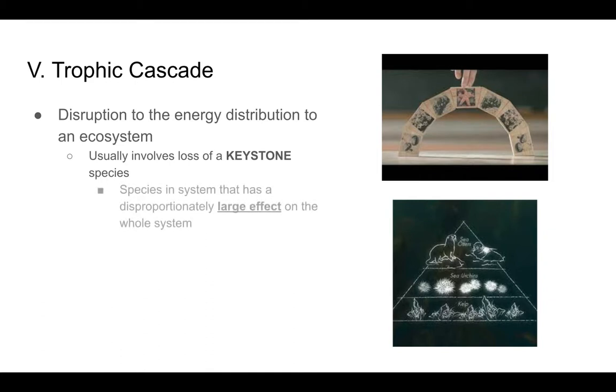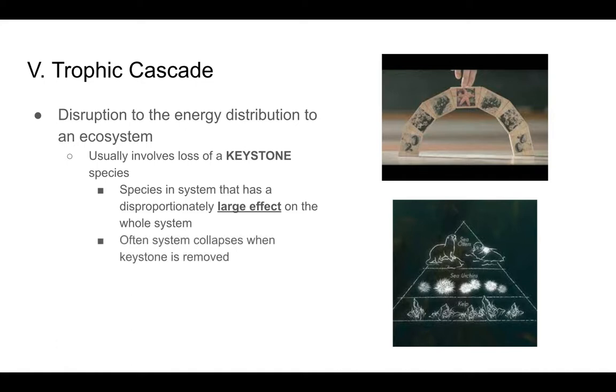Well, a keystone species is a species in a system that really impacts that system greatly, to the point that if it's removed, the whole system could collapse. And so we say that a keystone species has a disproportionately large effect on the overall system.